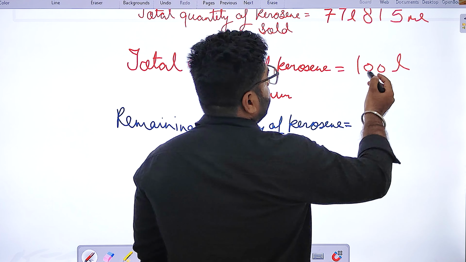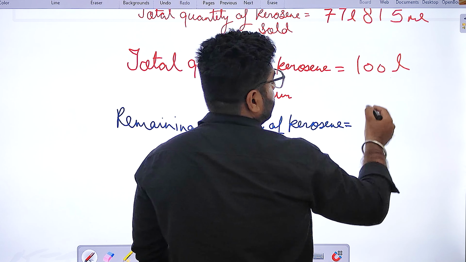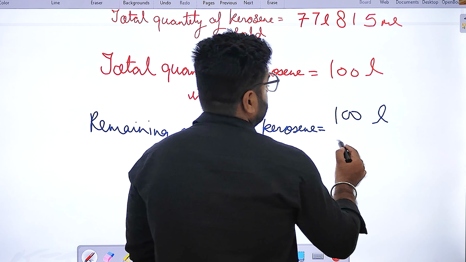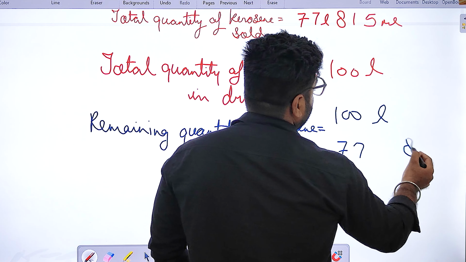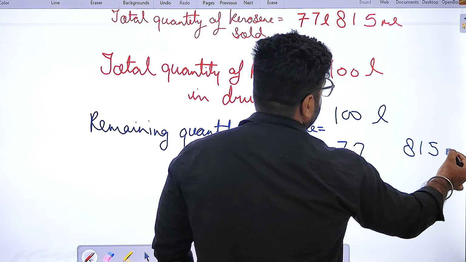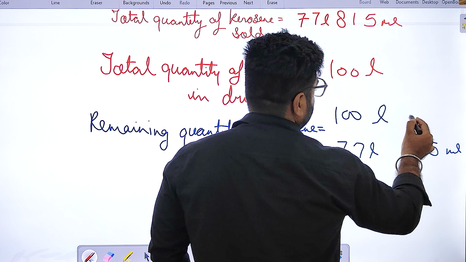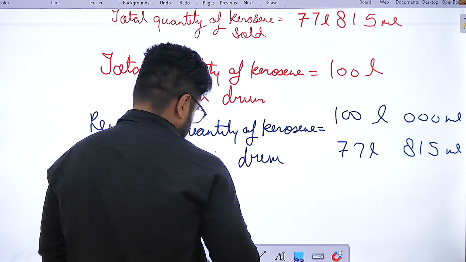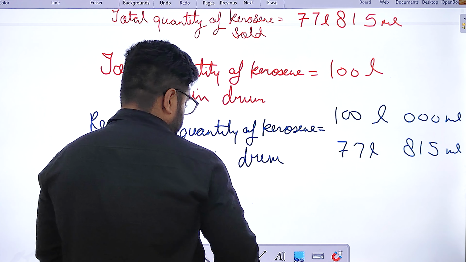So we have to just subtract these two quantities, just like 100 liter, and we are having 77 liter and 815 milliliter. So we put zeros here, and now we have to find out the answer.